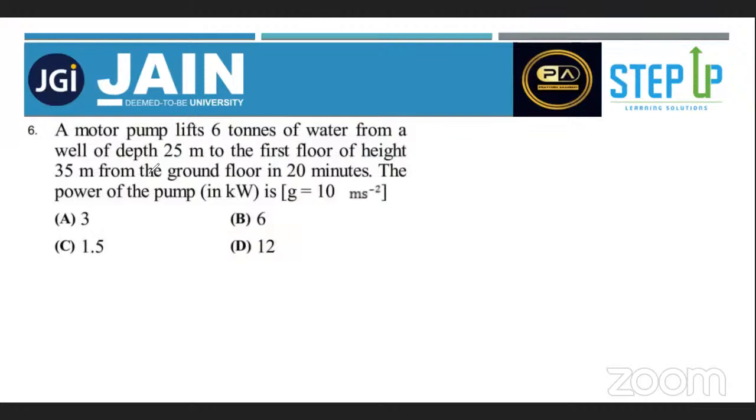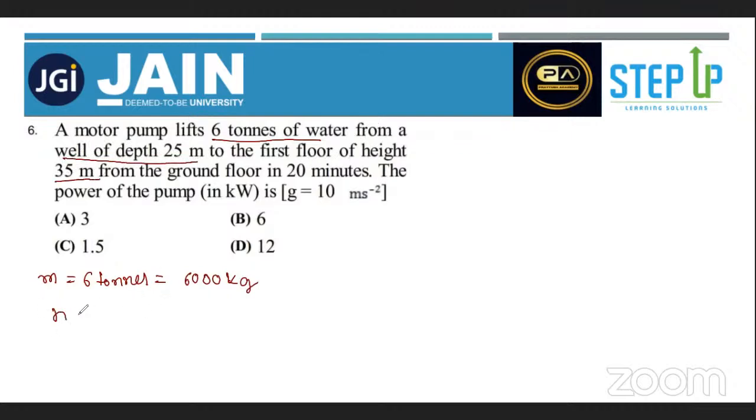3 kilowatt. Okay, let's see. A motor pump lifts 6 tons of water. So the mass is 6 tons, which is equal to 6,000 kg. The water is lifted from a well of depth 25 meters to the first floor at a height of 35 meters.